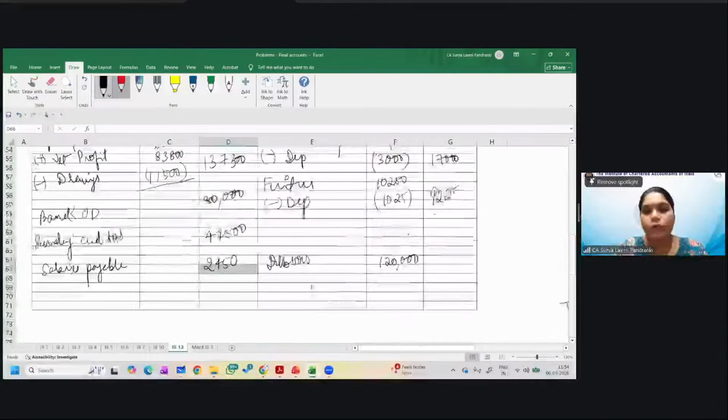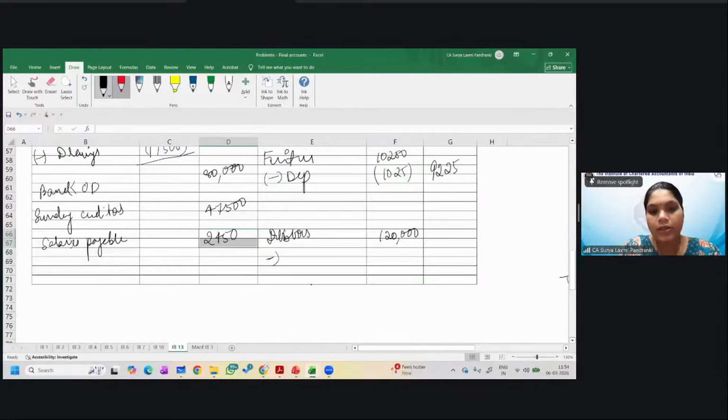1,20,000. But so many adjustments have to be done for these debtors. First one will be provision for doubtful debts, which will be how much? Closing balance we will have to take, which is 6,000. Correct? And you also have provision for discount on debtors. How much is that?